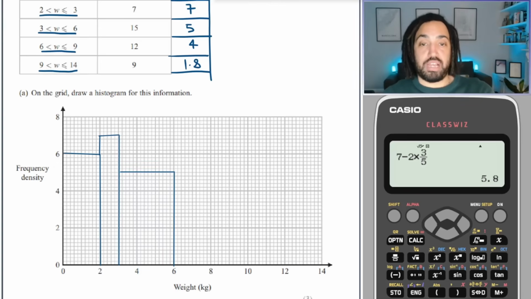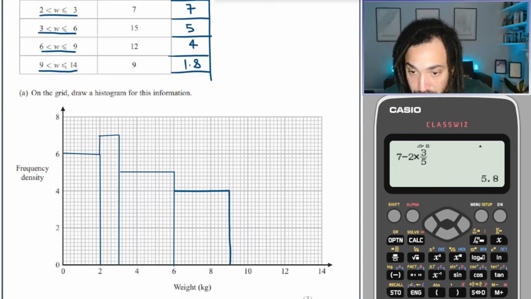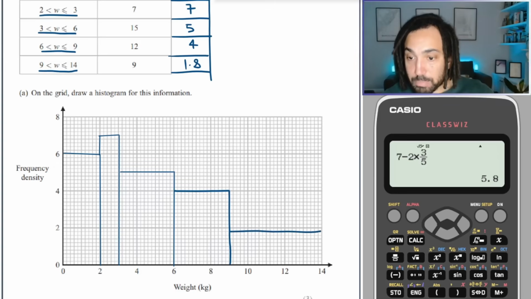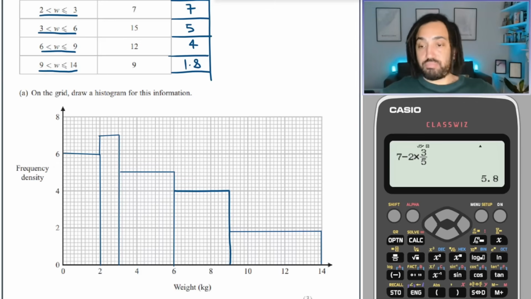And then we have a width of 3, so it goes to 9, and that goes up to 4. And then we have from 9 to 14 is 1.8, which is here, I believe. Perfect.